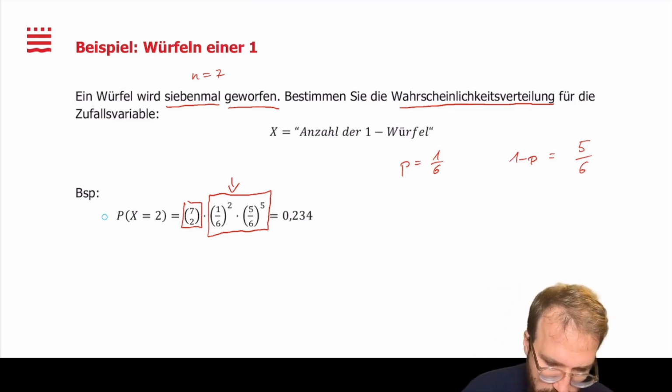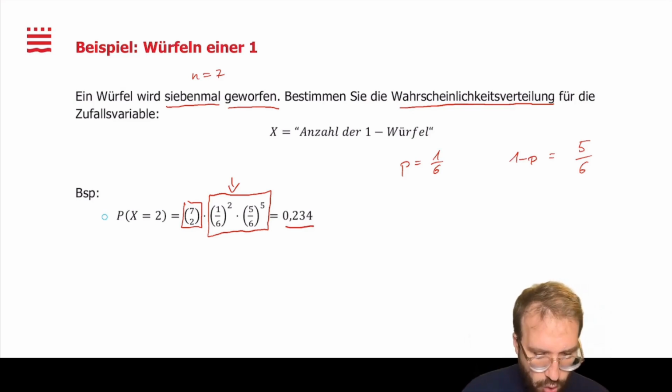And yes, that's 0.234. And now we basically understand the formula for calculating the binomial distribution, the probability distribution.